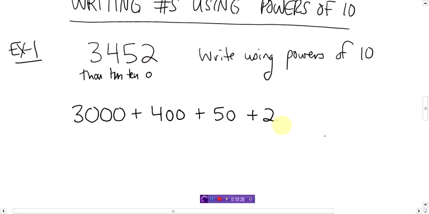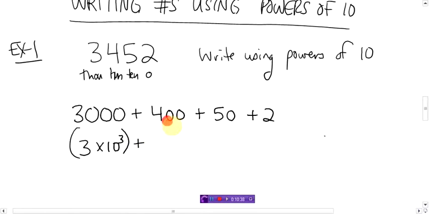Now, how would you write that with powers of 10? How do you write 3,000 as a power of 10? Well, you'd write 3, and 1,000 is times 10 to the 3. So you have that. Nice to put it in brackets.